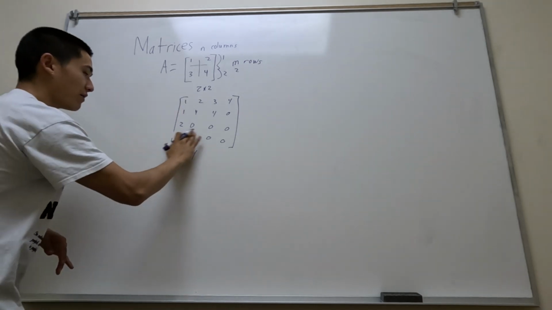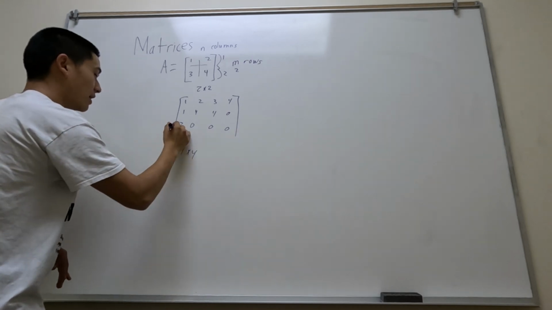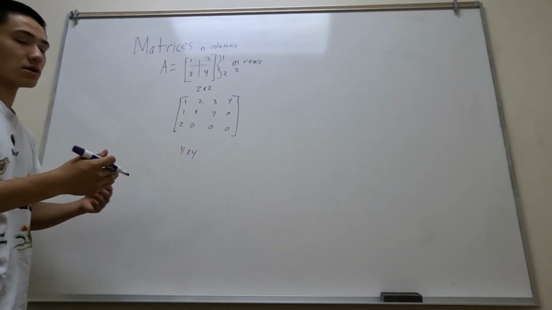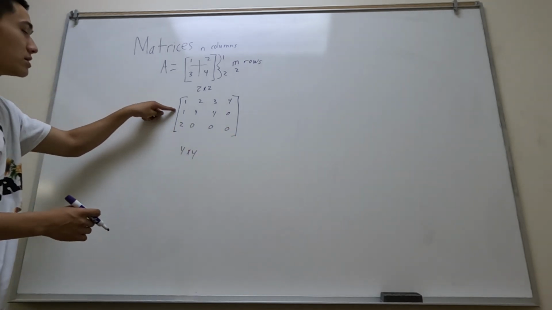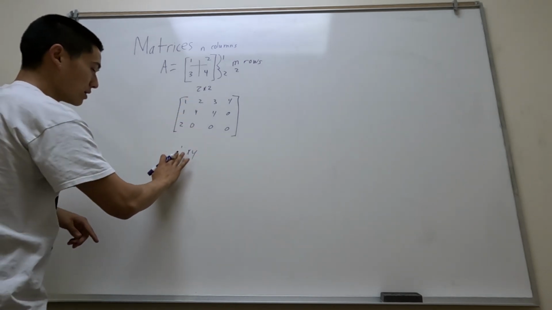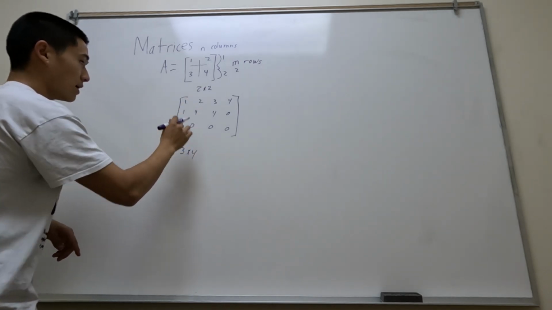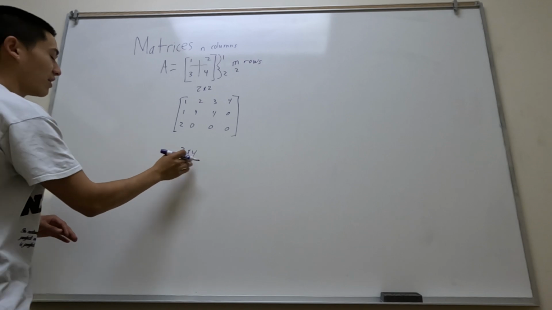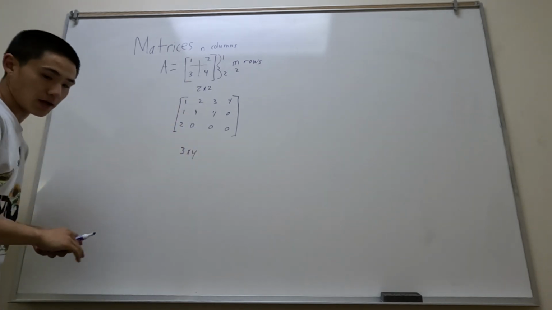Now if I did this right here, what do you think this is? There's 1, 2, 3 rows, and 4 columns still. So that's a 3 by 4 matrix.